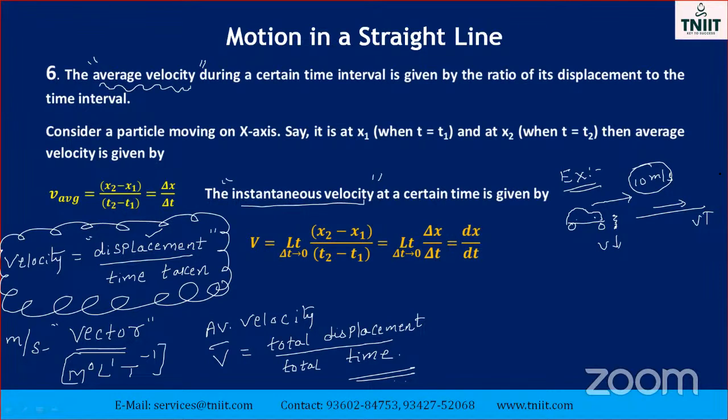So if you define the velocity at a given instant of time, at that moment, that is what we consider as the instantaneous velocity. So how do you define the instantaneous velocity? Instantaneous velocity is the velocity at that instant of time.